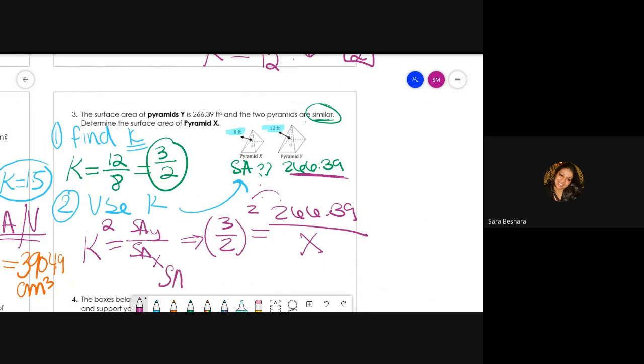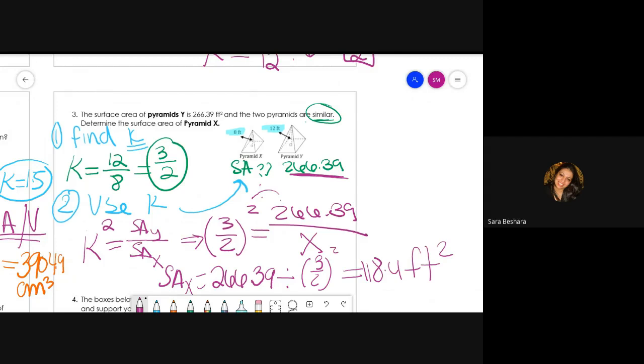The surface area of pyramid x is 266.39 divided by 3 over 2 squared. And that will be 118.4 after you round, feet squared.